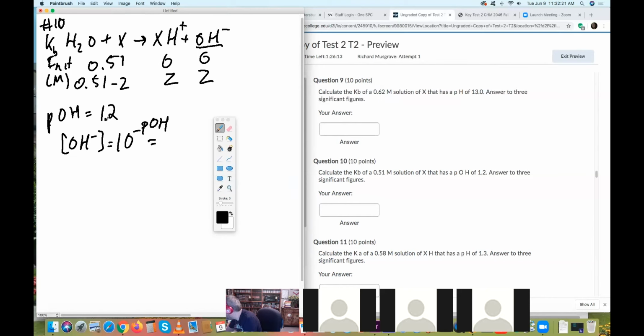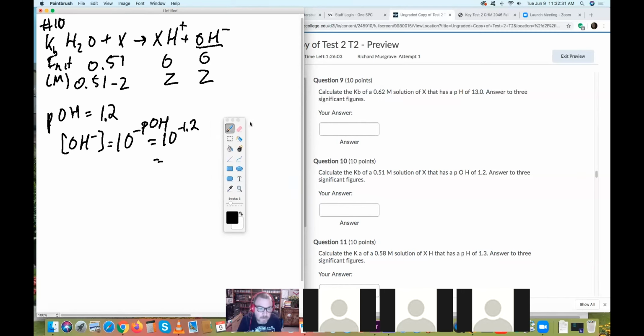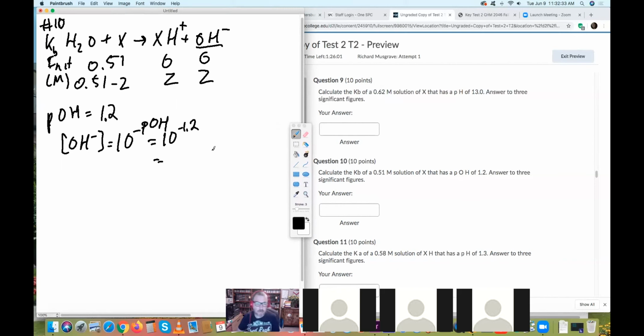So it's 1.2, I'm sorry, not 12. 10 to the negative 1.2, which is going to be 0.063 molar. So that becomes our X value there.